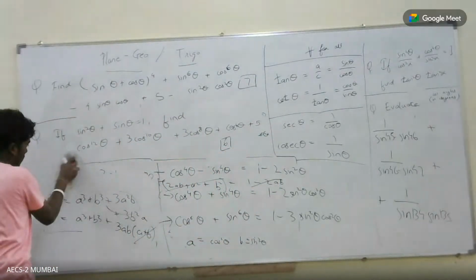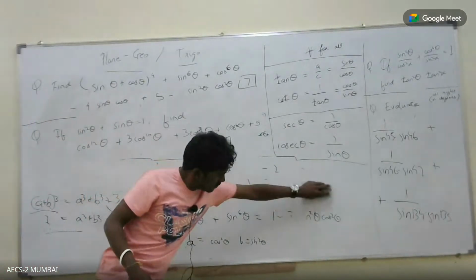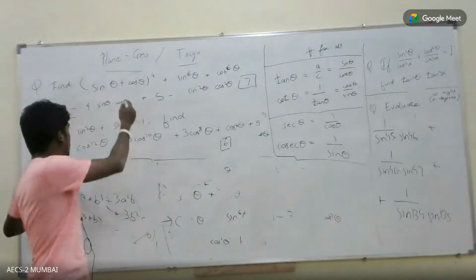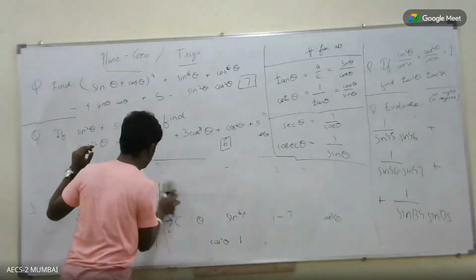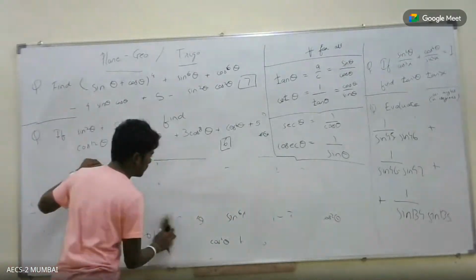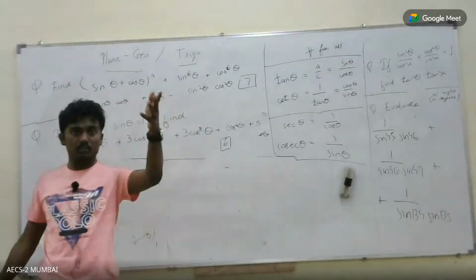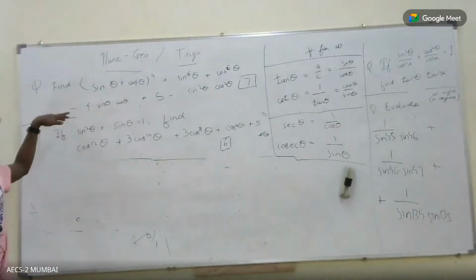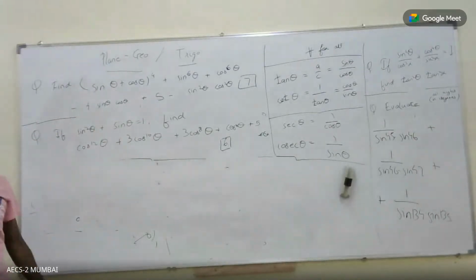So now that we have solved these questions, would you like to tell how you solved the first one? The one who said the first question is done, would you like to explain how you simplified the equation?